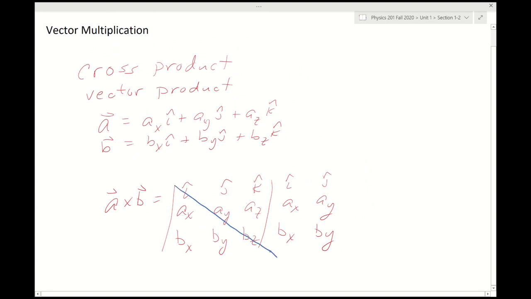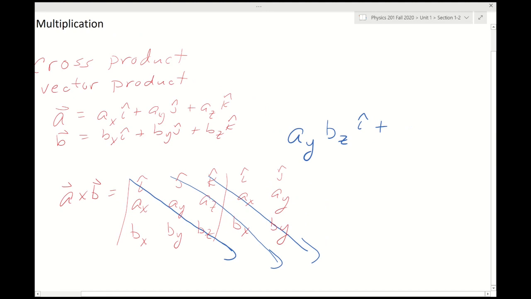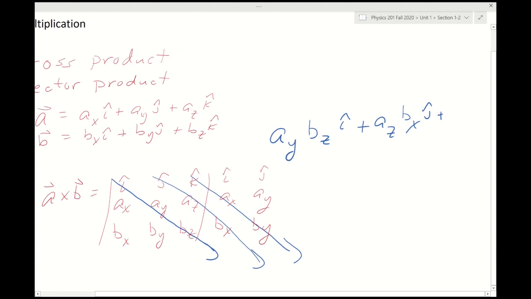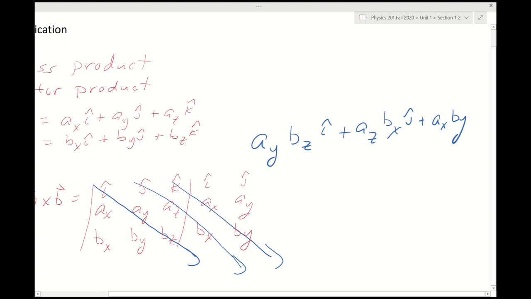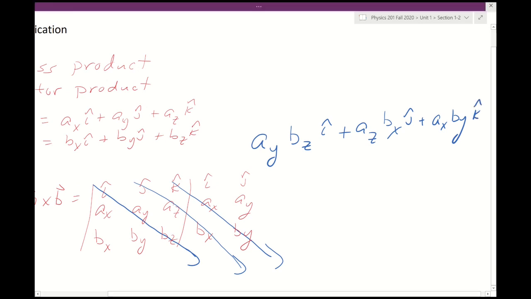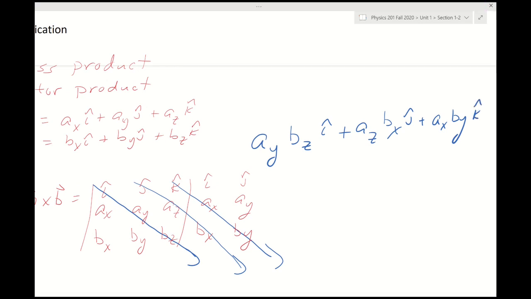If you simply draw the diagonals, and some of you may know where this is going, then you have AY BZ i plus AZ BX j plus AX BY k, and then we're going to subtract from that.